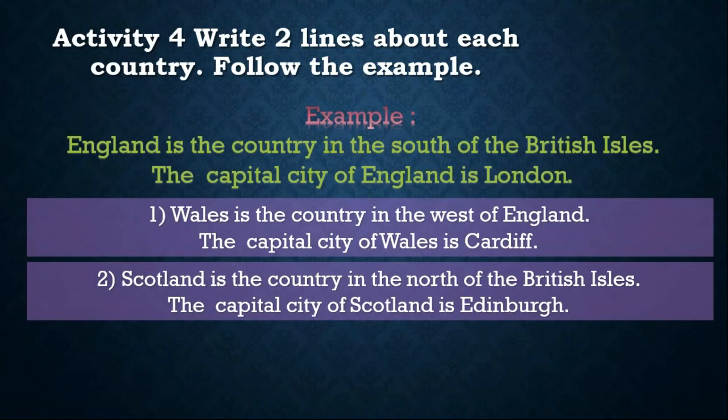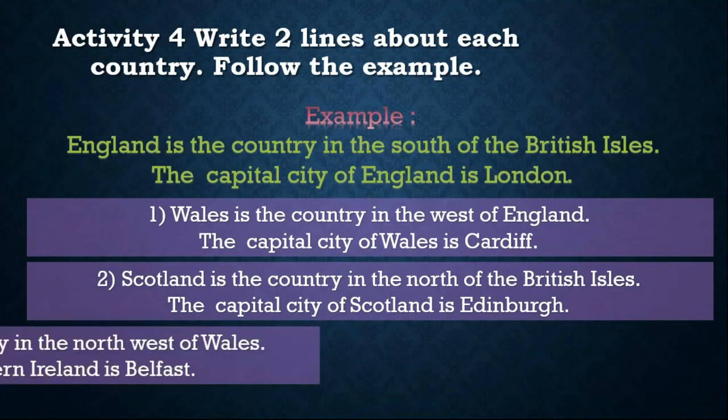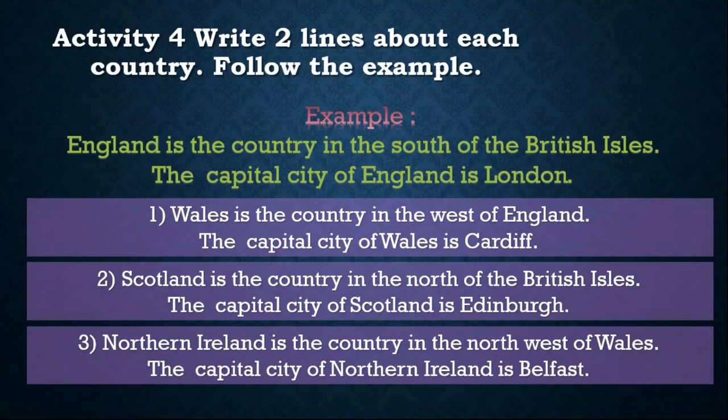The last one, please. Northern Ireland is the country in the northwest of Wales. The capital city of Northern Ireland is Belfast. Very good. Northern Ireland is the country in the northwest of England, and the capital city of Northern Ireland is Belfast. Thank you so much.